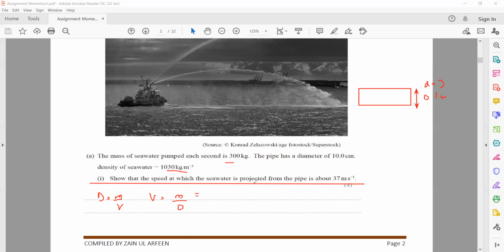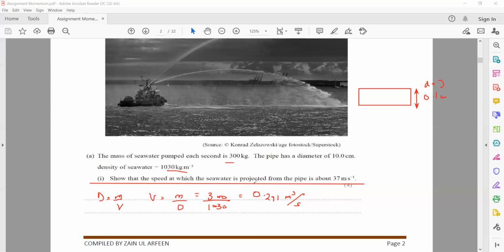The mass is given as 300 and the density is given as 1030. So this will give us the volume flow, which is 0.291 meters cubed per second. Why meters cubed per second? Because in the question the mass is actually mass per second. So this will be the volume per second.